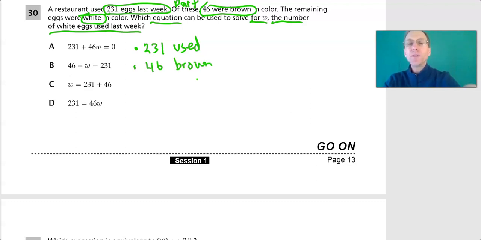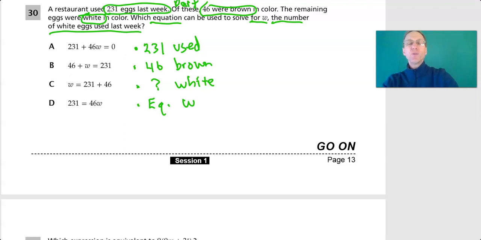You could even just put B. The rest were white. So there's what we're looking for. And they're always going to have this very similar pattern here. Always going to have at least 2 things given to you and 1 unknown. Very common, 1 unknown. And they're asking for an equation. So I'm just going to put EQ, and they want to use W for white.